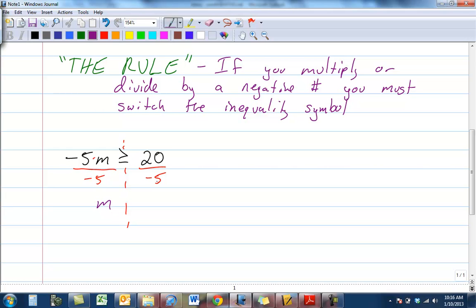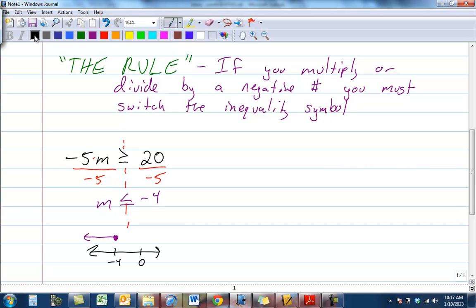Since we divided by negative 5, we have to switch the inequality symbol around. We have to change the direction of it. And 20 divided by negative 5 is negative 4. So then to graph this, we would have negative 4 and 0. Open or closed? Closed to the left.